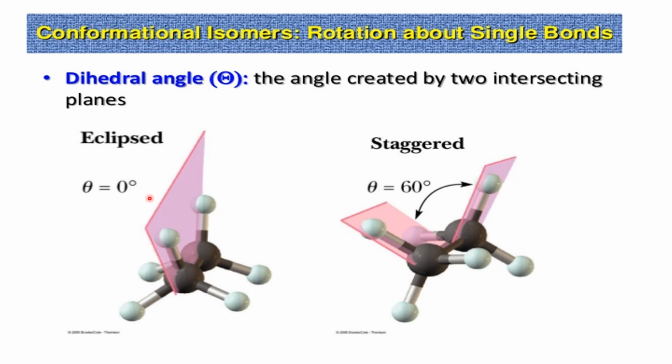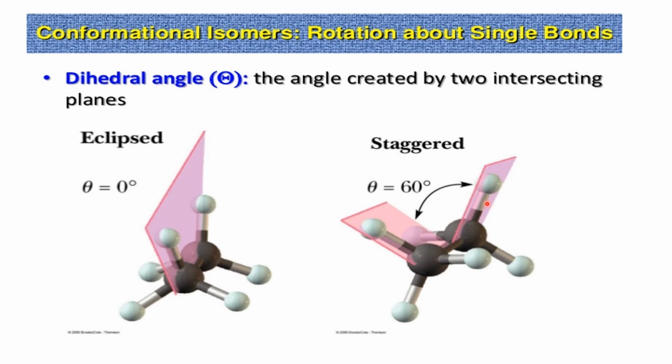So I am taking this carbon atom and this first hydrogen atom and this first hydrogen atom. Comparing these two first hydrogen atoms for an eclipsed conformation, the dihedral angle is 0. But when I rotate the first carbon atom, it moves to a staggered conformation. At the staggered conformation, the hydrogen atom of the first carbon atom is placed exactly between the hydrogen atoms of the second carbon atom.